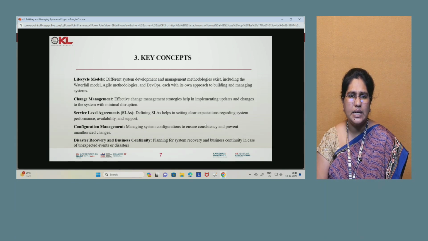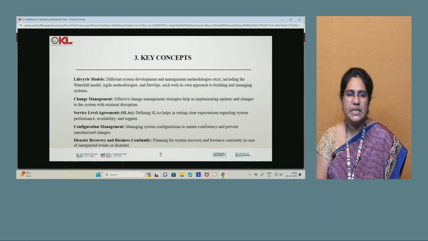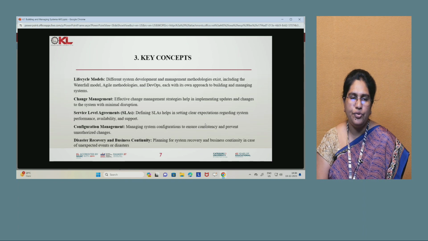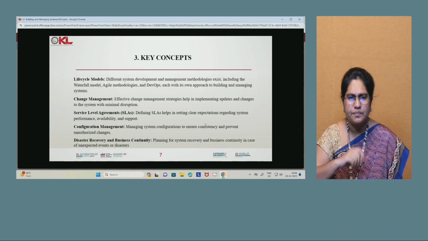Life cycle models are different development and management strategies, which may include the waterfall model, agile model, or DevOps. Each is its own approach to building and managing the system. According to the requirement, we will follow any one of them.